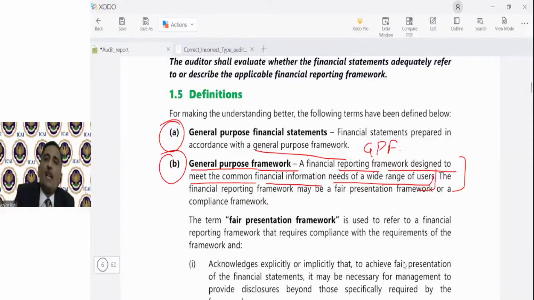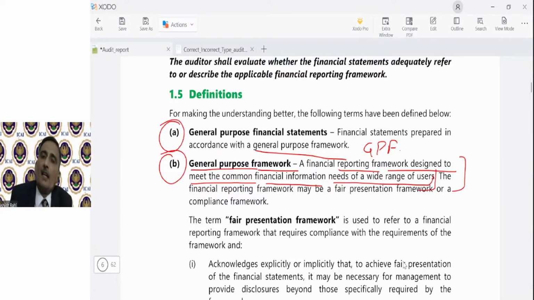Say a company's balance sheet is not only relevant for shareholders of the company. It is also relevant for, say, lenders, bankers, government authorities. So these are not relevant to just one group of users. It is relevant to the common financial information needs of a wide range of users.